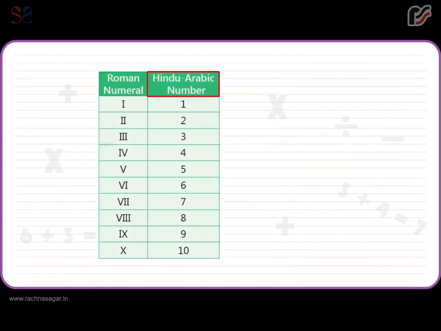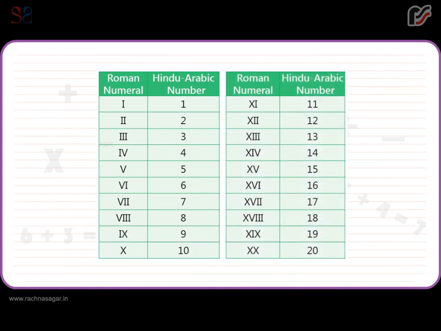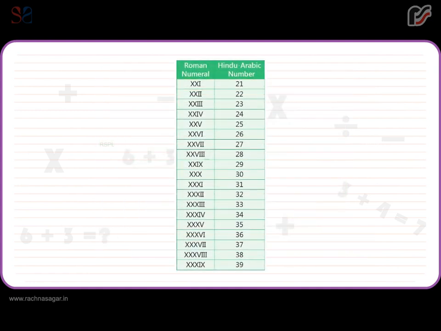Roman numeral, Hindu-Arabic number: 1, 2, 3, 4, 5, 6, 7, 8, 9, 10, 11, 12, 13, 14, 15, 16, 17, 18, 19, 20, 21, 22, 23, 24, 25, 26, 27, 28, 29, 30, 31, 32, 33, 34, 35, 36, 37, 38, 39.